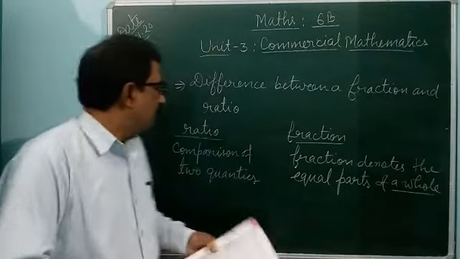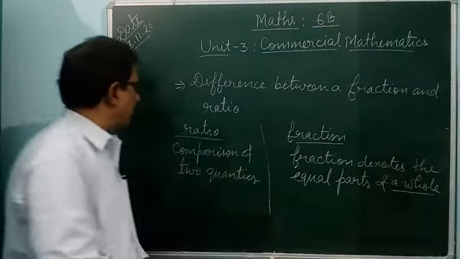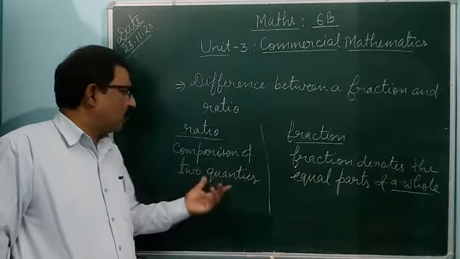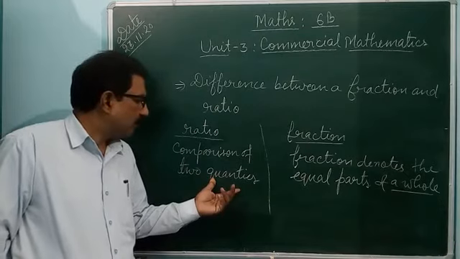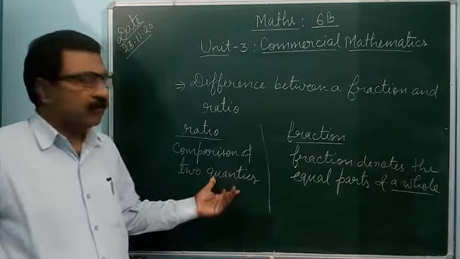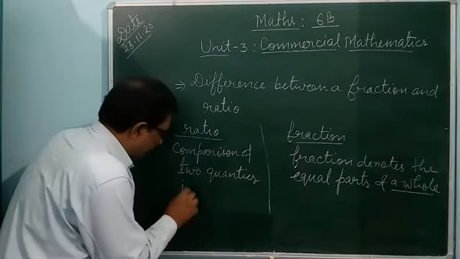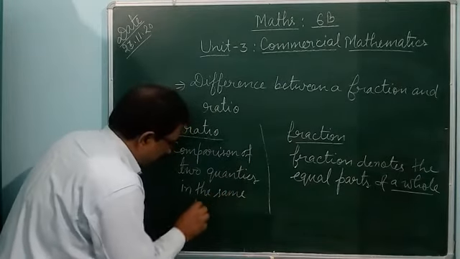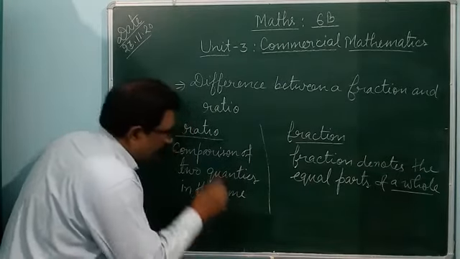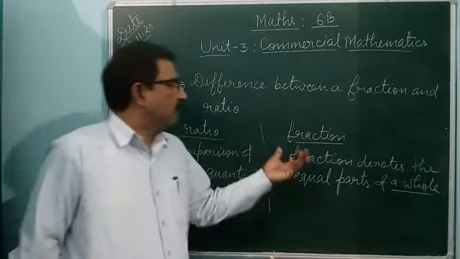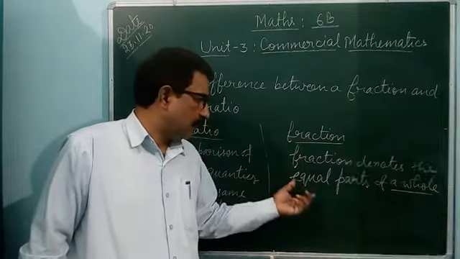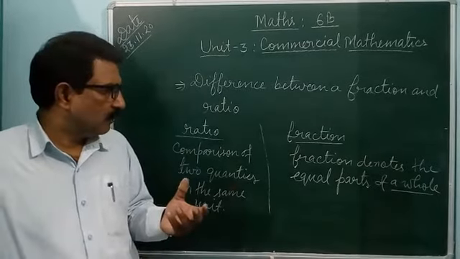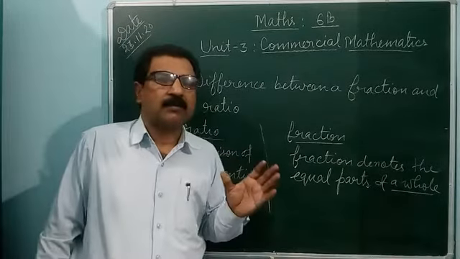So in this way, it is the major difference. Ratio shows the comparison of two quantities in the same unit. But fraction denotes the equal parts of a whole.